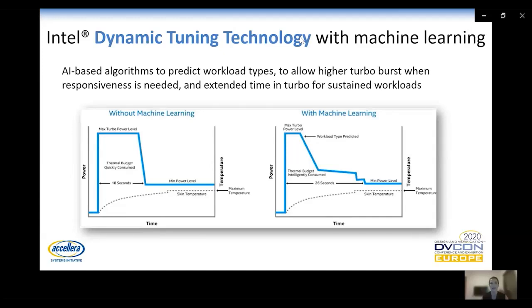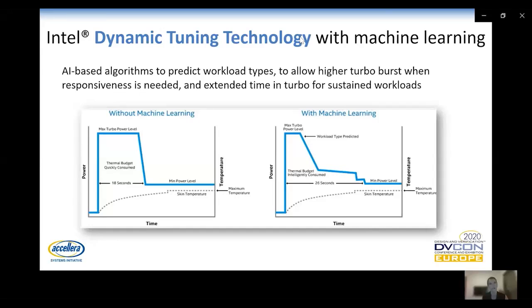And I can tell you that it is not a very easy task. In every second, to understand what is the workload that is currently running and what will be the next workload, in order to understand whether the machine needs to go into a turbo mode, and if so, what is the level that will maximize the user experience.